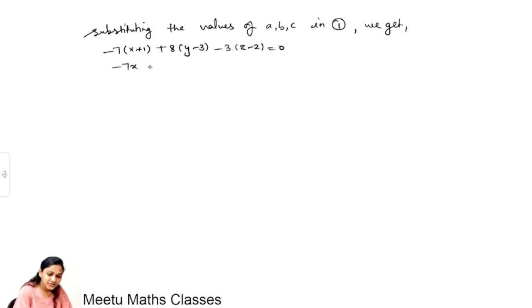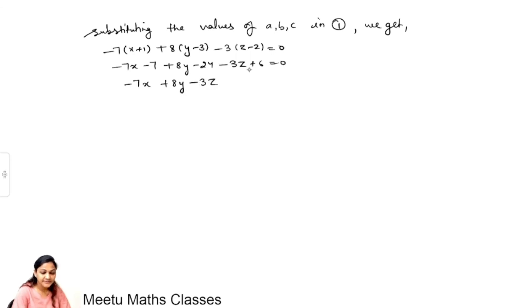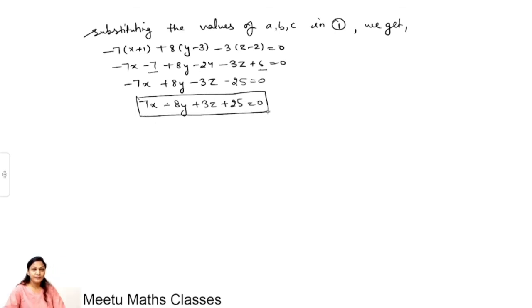So this will give you minus 7x minus 7 plus 8y minus 24 minus 3z plus 6 is equal to 0. And this will give you minus 7x plus 8y minus 3z. Now minus 7 plus 6 will give you minus 1, so this will be minus 25 is equal to 0. And finally the equation of the plane will be this. So this is the required equation of the plane.